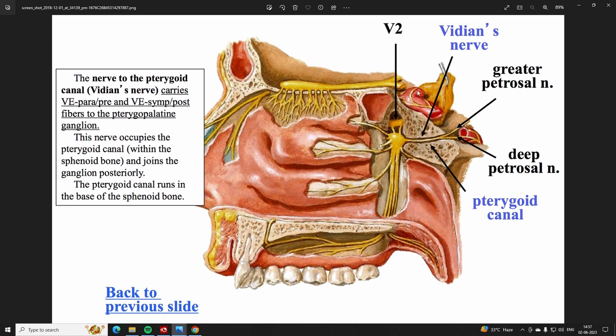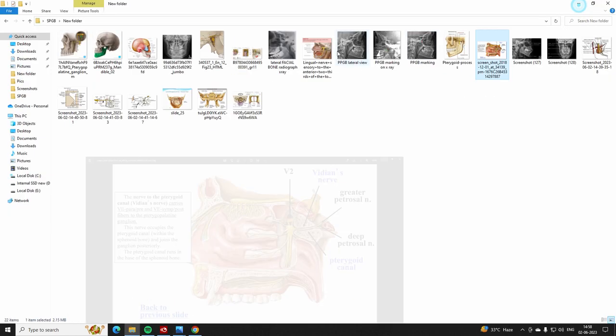V1 goes through the superior orbital fissure, V2 through the foramen rotundum, and V3 through the foramen ovale. Just beside the foramen ovale, you will see the foramen lacerum, through the pterygoid canal in the foramen lacerum, the autonomic fibers are coming and forming this sphenopalatine ganglion. So now we have to enter here.